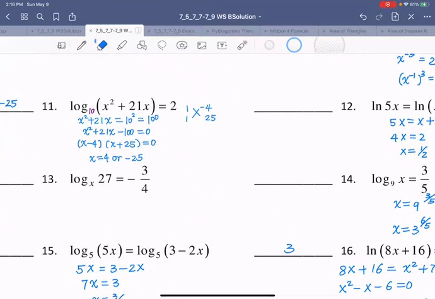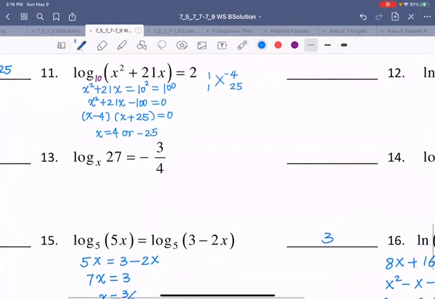Ted. Number 13. Tell me, how do I write down the equation? What should I write as the equation?